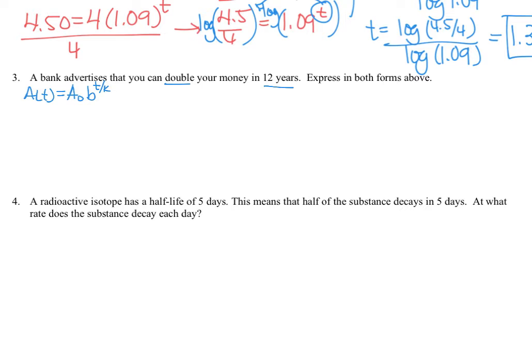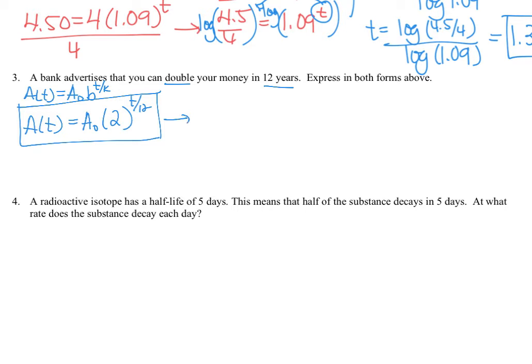We want to express it in both forms, but I'm going to start with that one. So we're doubling our initial amount. I don't know what the initial amount is, so I'm just going to keep it as A sub 0. My base is going to be 2 because it's doubling in 12 years, so k is 12. So that's my first form.